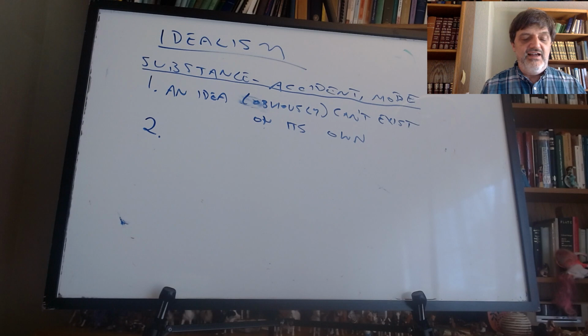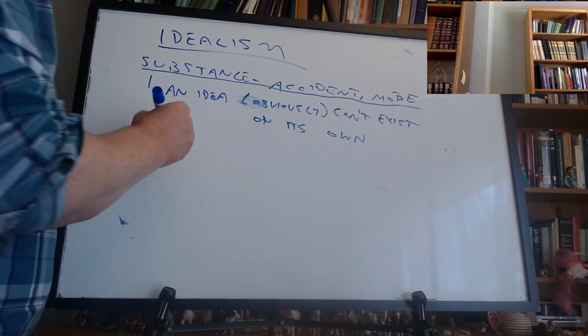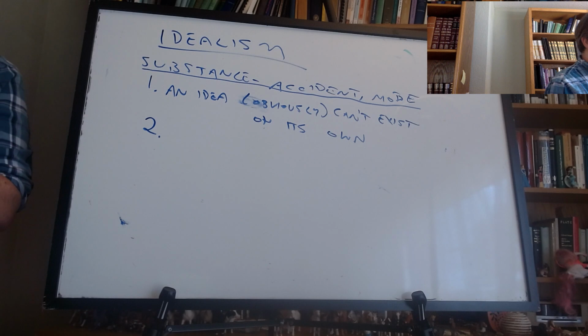Existence of a kind that can exist on its own is a completely different kind of existence from existence of a kind that can only be in something else as its property. So when we say ideas are things that obviously can't exist on their own, we're saying that they have a mode of being which consists in inherence in something else.